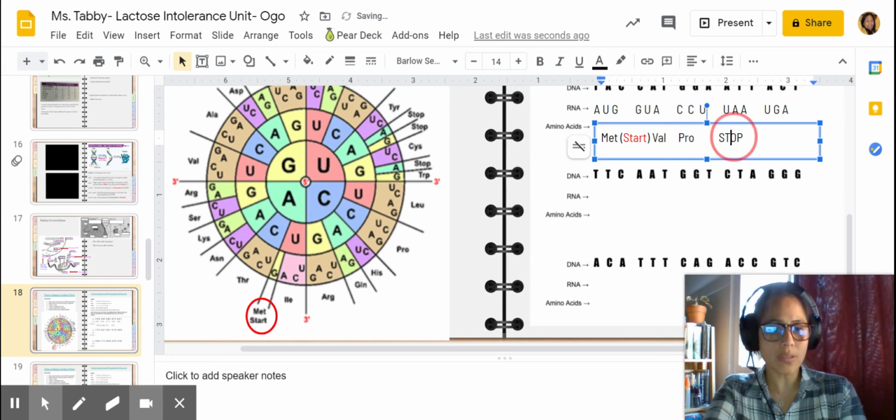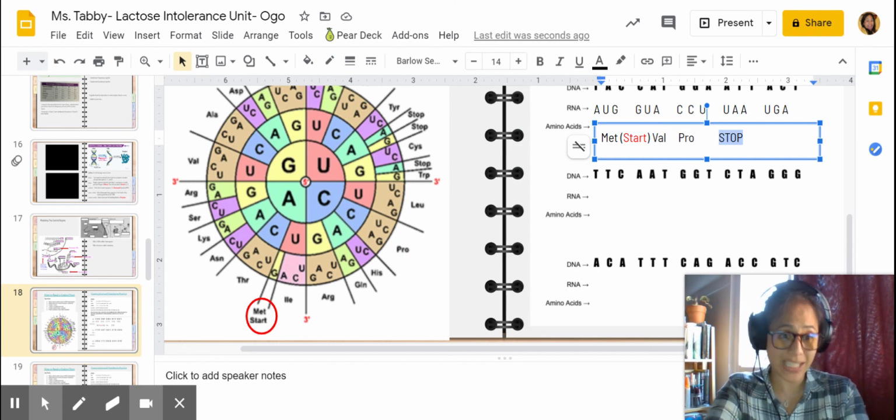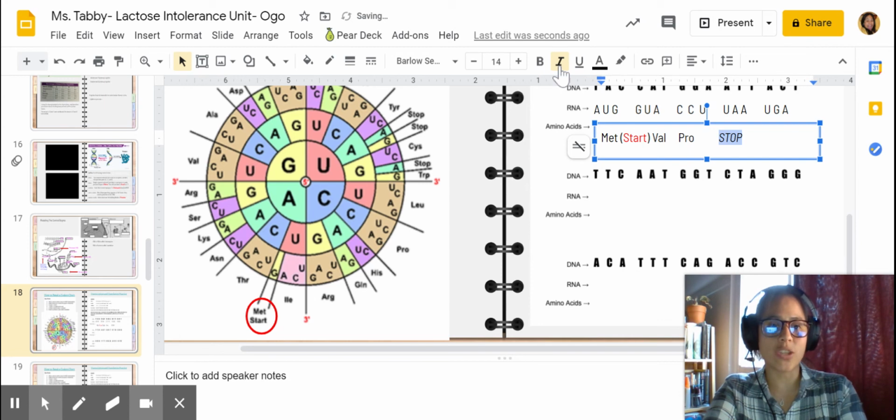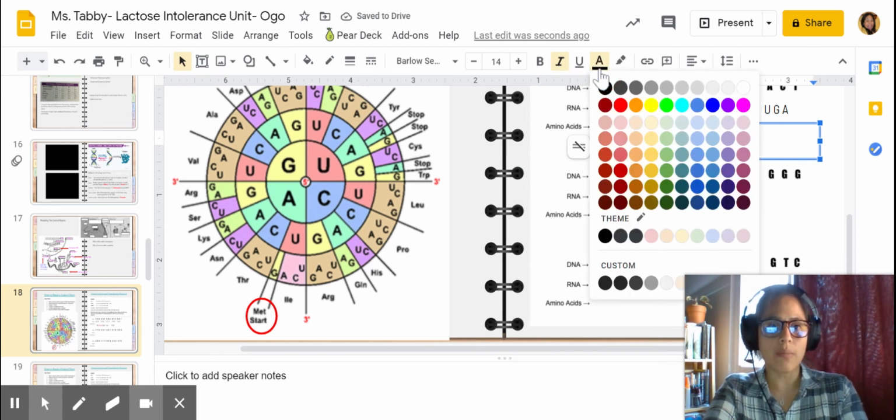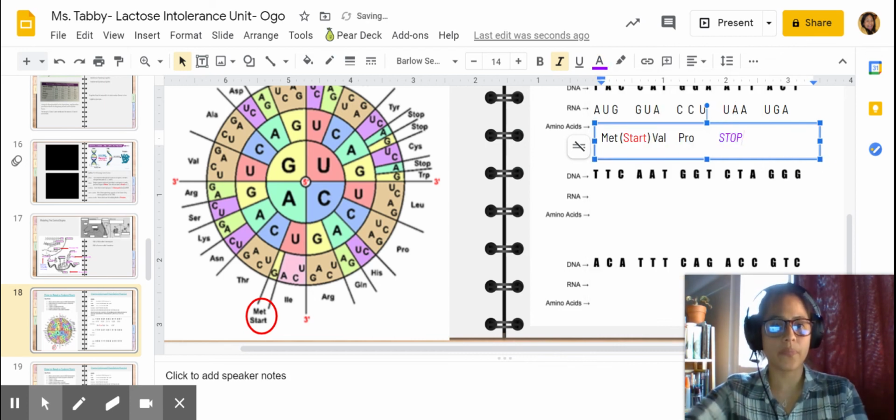Stop is important because when translating RNA to amino acids, if there is a stop amino acid in the chain, it stops. We don't go any further. So I'm going to italicize this and make it a different color so that I recognize that I stopped there.